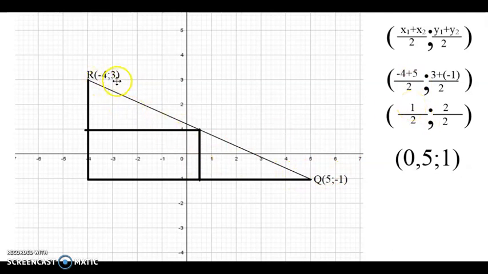I must take 3 and minus 1, add them together, I get positive 2. 1 over 2 and 2 over 2, 0,5 or half, and 1. What is the coordinate? 0,5 for my x value and 1 for my y value. So this information is verified and correct.